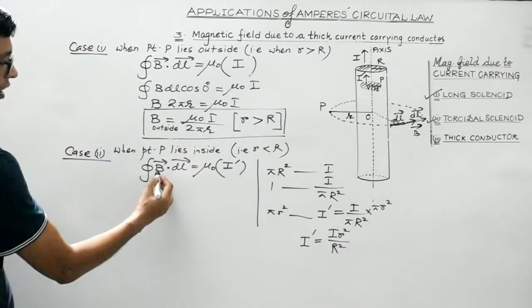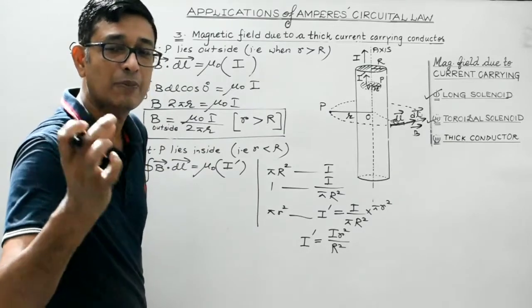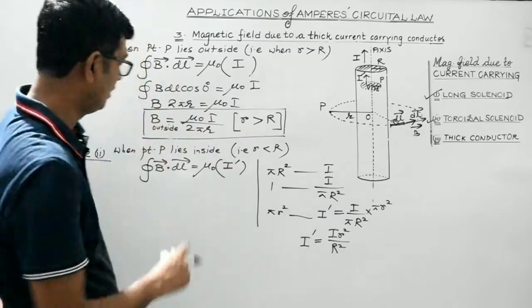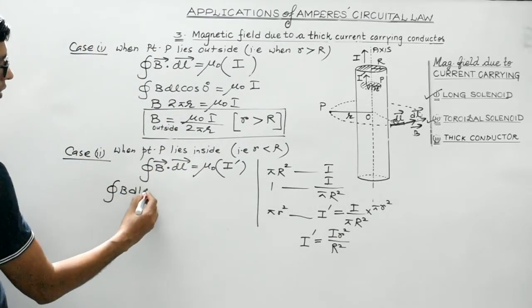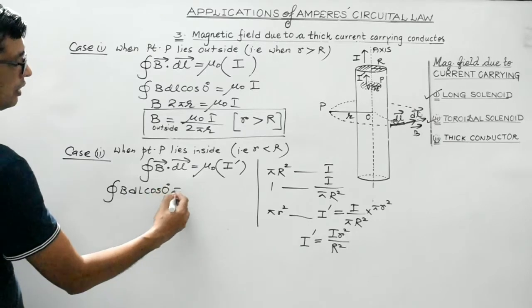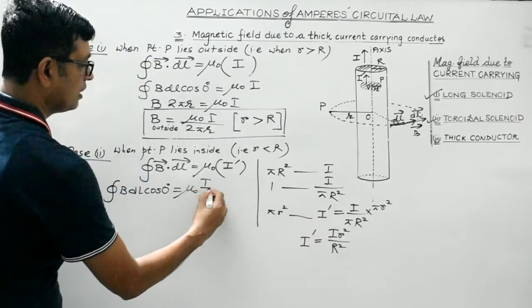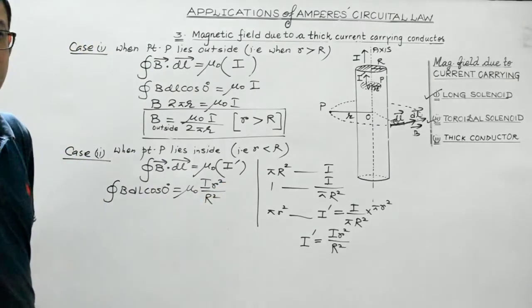So again the angle between these two would be 0 degree. dl is the length of the elementary portion of the loop and it is to be measured along the direction of the magnetic field. So angle between these two is 0. So we get B dl cos 0 equal to mu naught I dash, which may be written as I r square divided by capital R square.